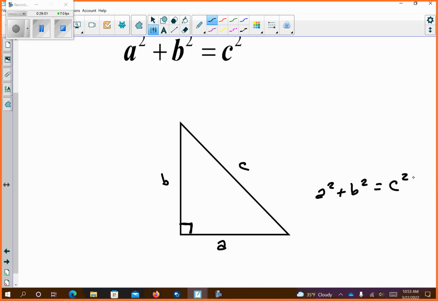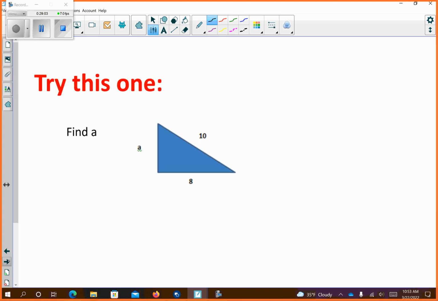Okay? So let's see if we can decipher that. This is my unknown value. So I have a squared. Here's my right angle here, plus 8 squared, agree, equals 10 squared. Let's do the math.